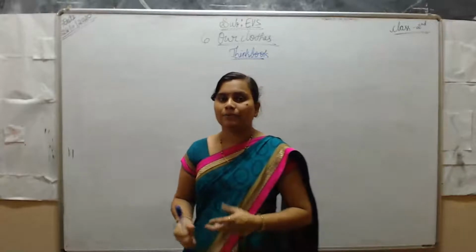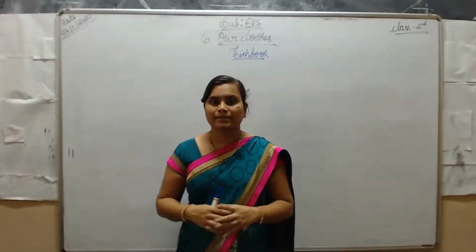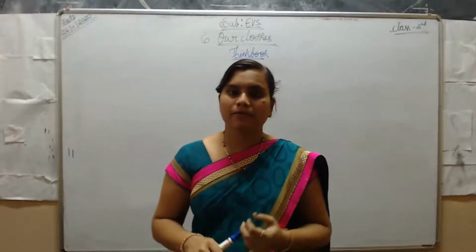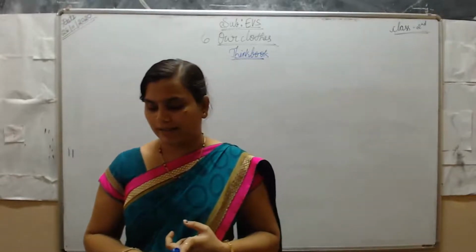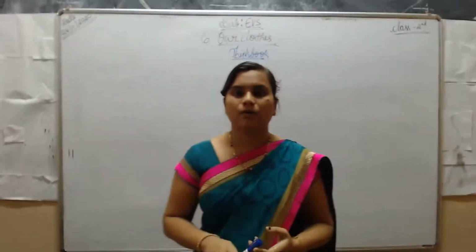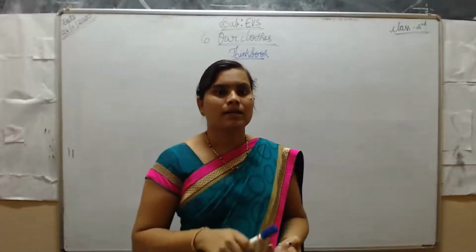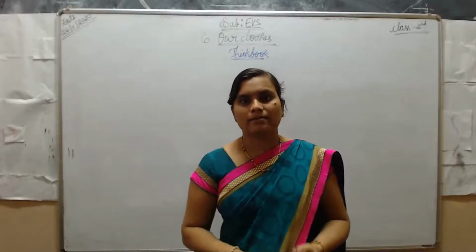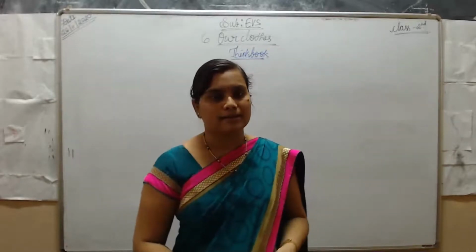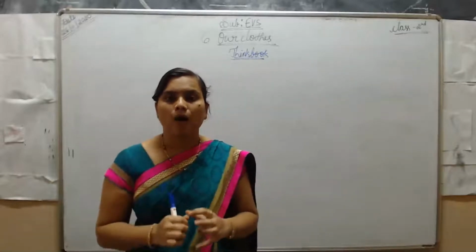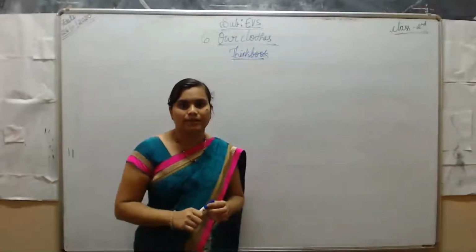They absorb the sweat and keep our body cool in summer. That's why we wear cotton cloths in summer. Then in cold winter season we wear woolen cloths, sweaters, scarves, socks, etc. They keep our body warm in winter.